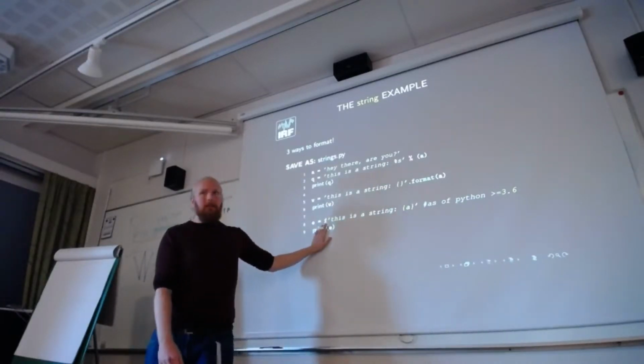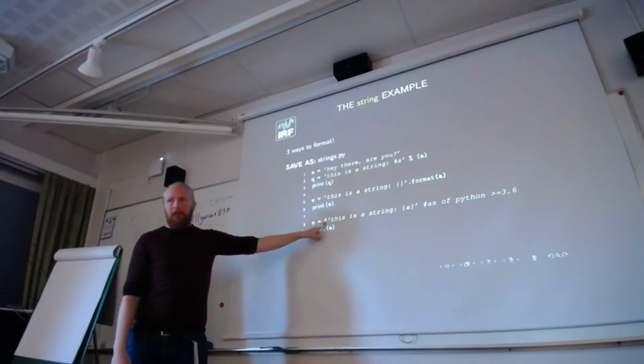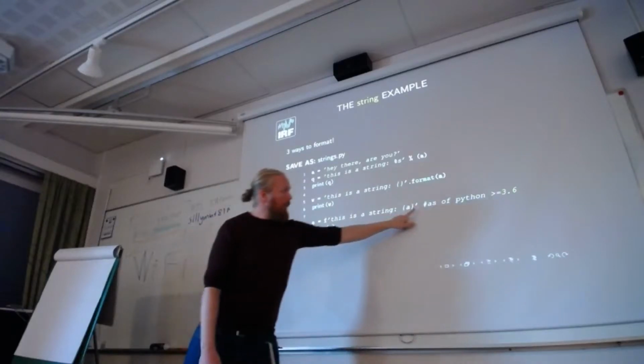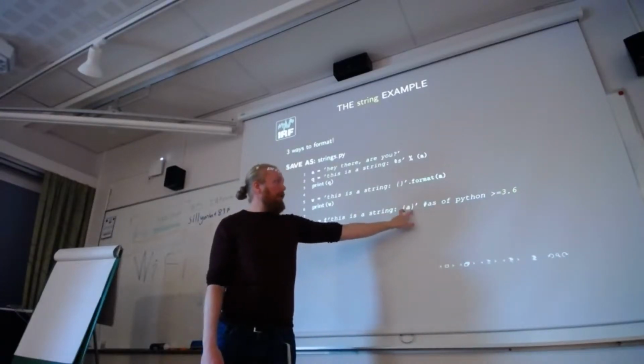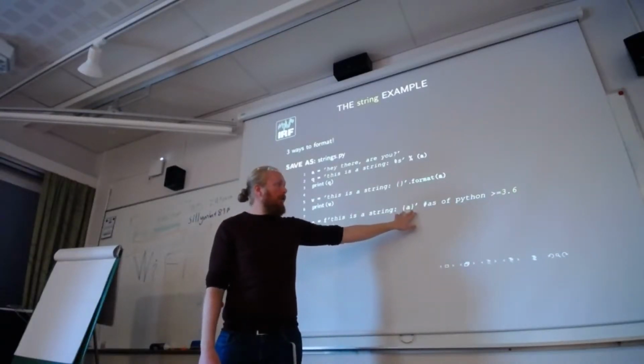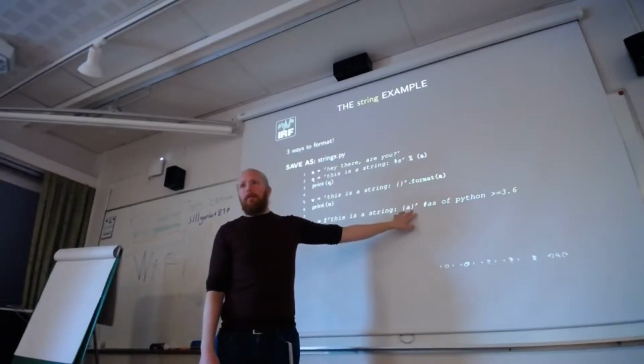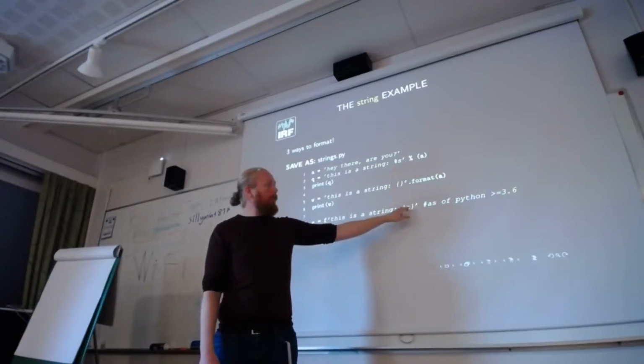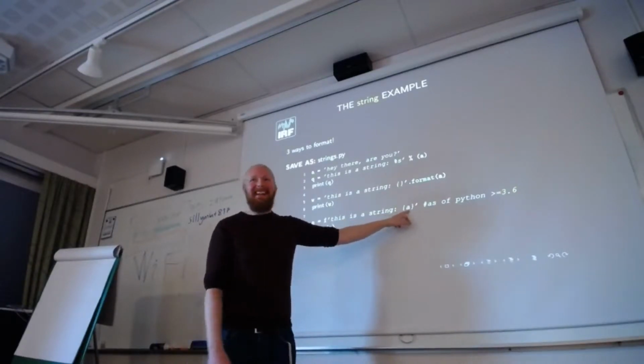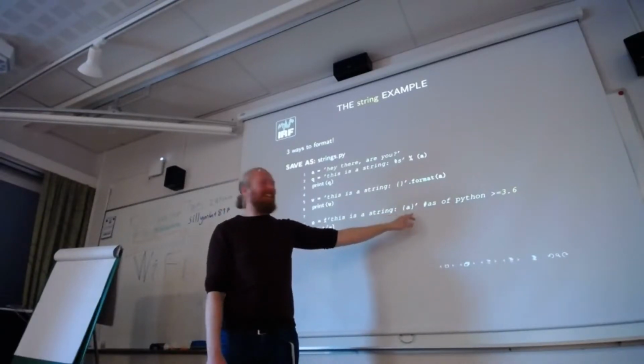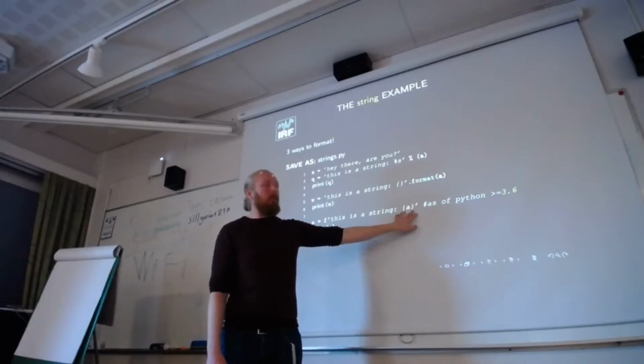With F formatting, what you do is you write an F before the string, then you write the string, and then everything inside these curly brackets will be executed as Python code. So you could even write equations here. Don't do that, but you can.